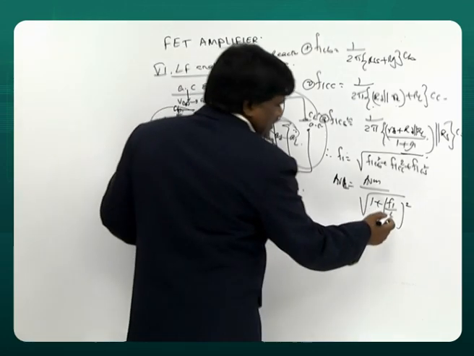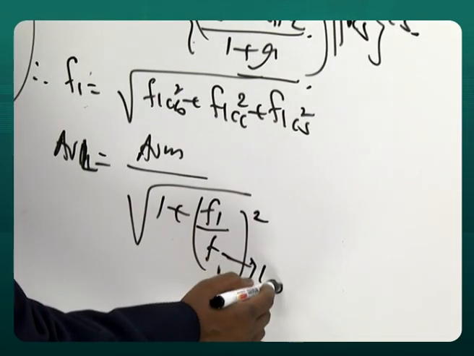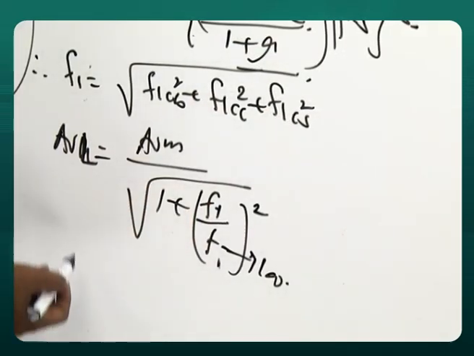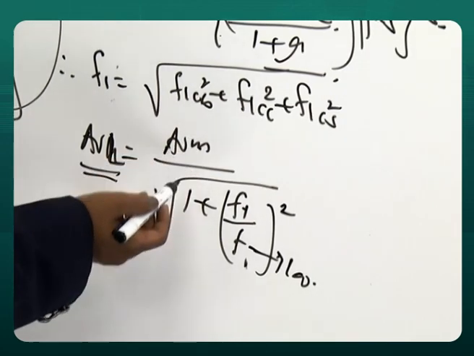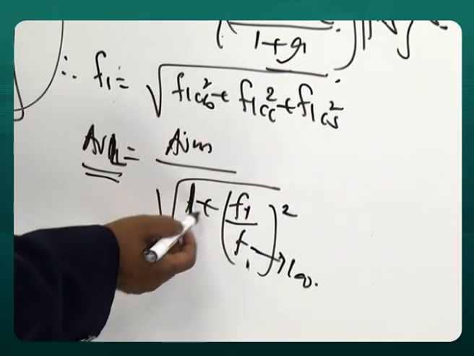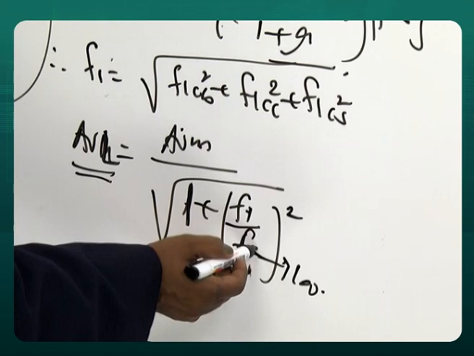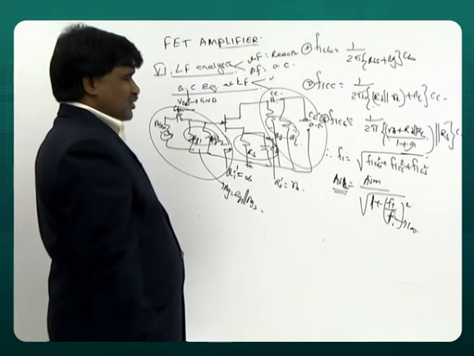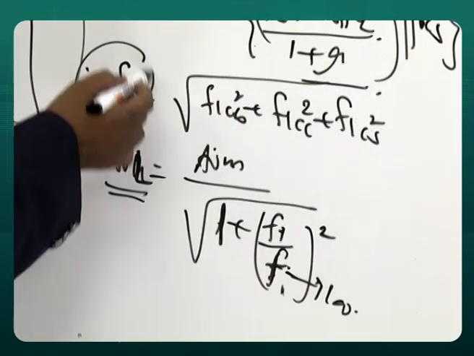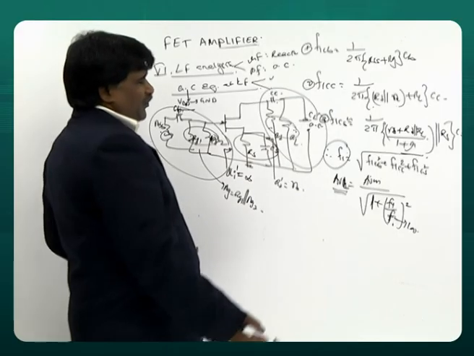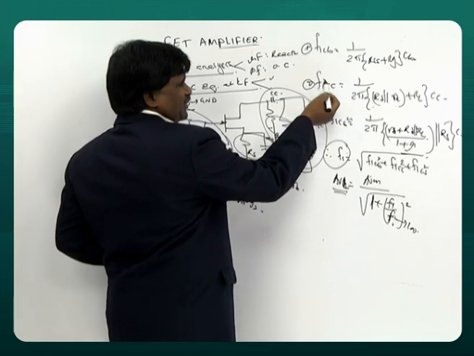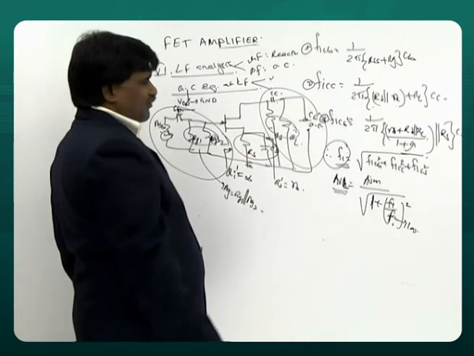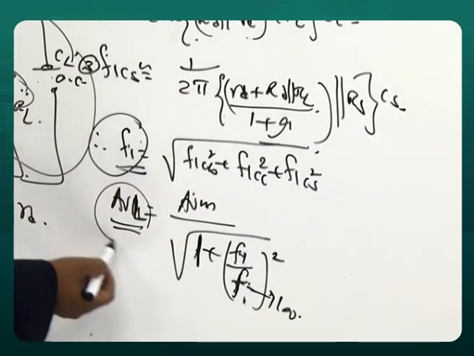Suppose they say frequency is 100 Hertz and F1 is here, AVL is AVM by root of 1 plus (F1 by F) whole square. So the overall cutoff is generated from here. The very purpose of calculating all these 3 is to calculate F1.